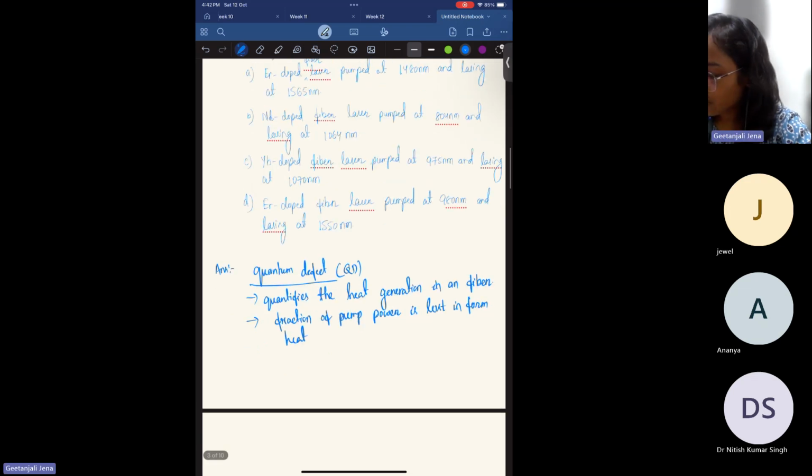And what is the formula for quantum defect? It is 1 minus lambda p by lambda L, where lambda p is the pump wavelength and lambda L is the laser wavelength.